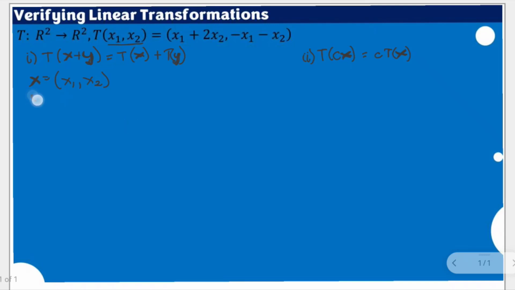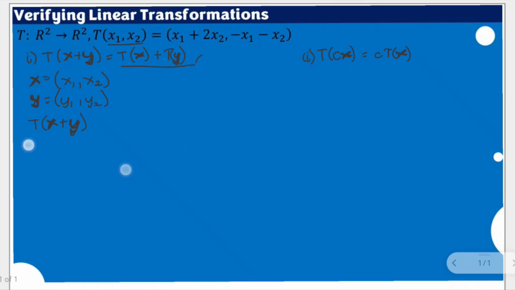And let's have another vector, y sub 1 and y sub 2. For the first condition, we need to show that this will really hold. So we have the transformation of the sum of the two vectors, and we need to reach this equality here.